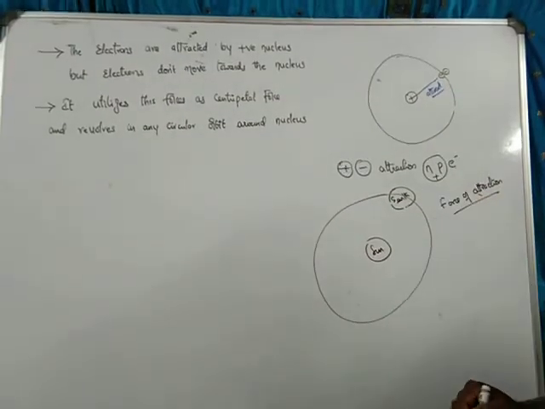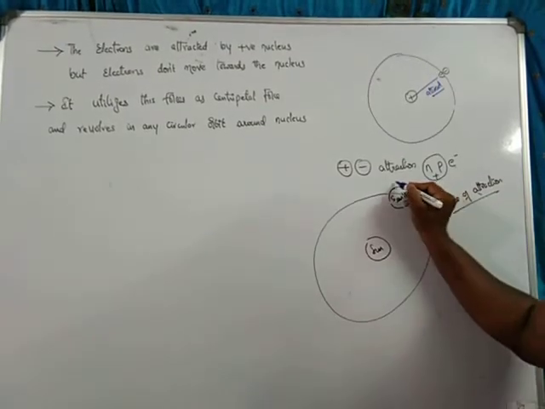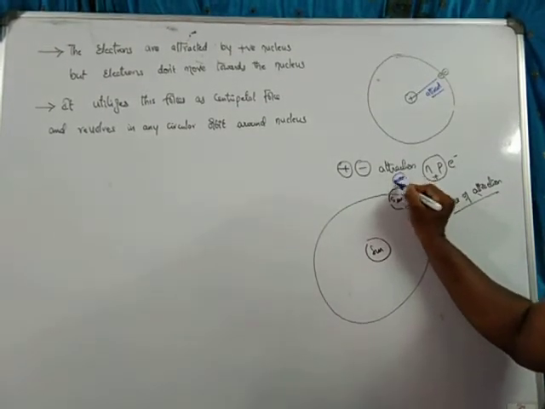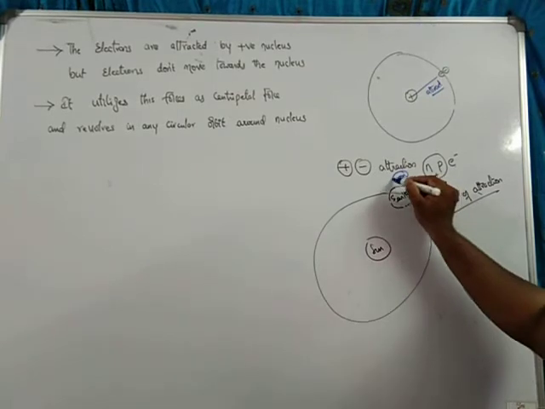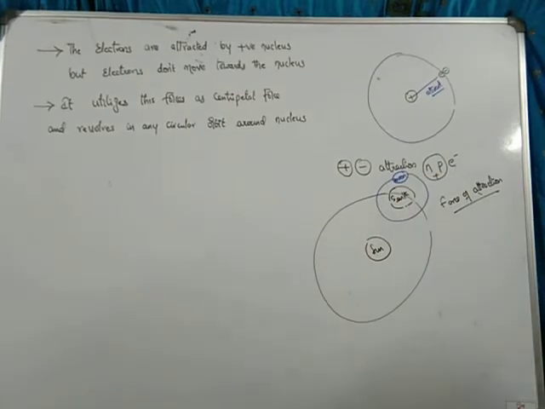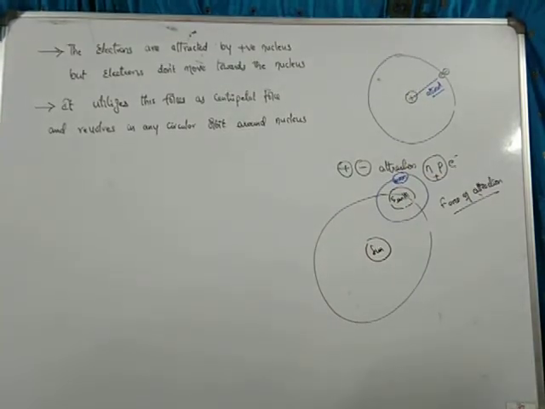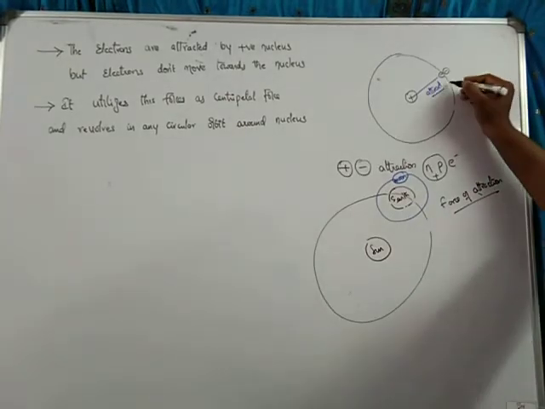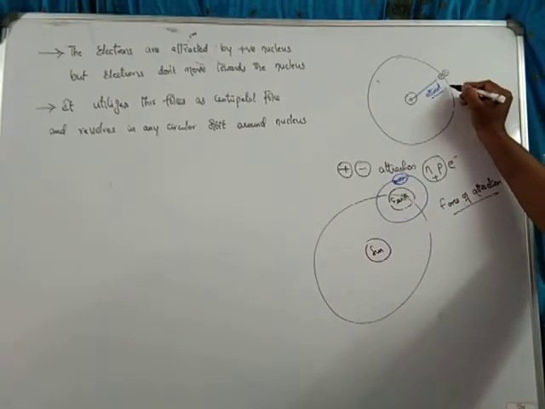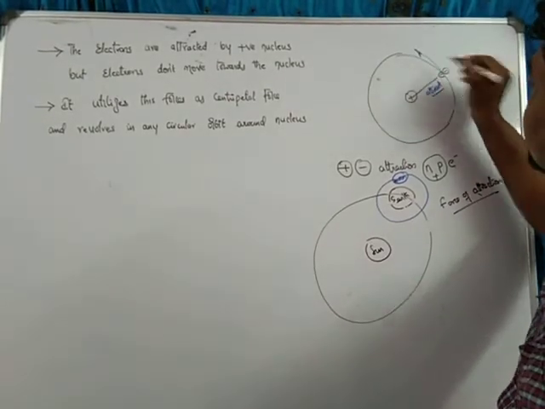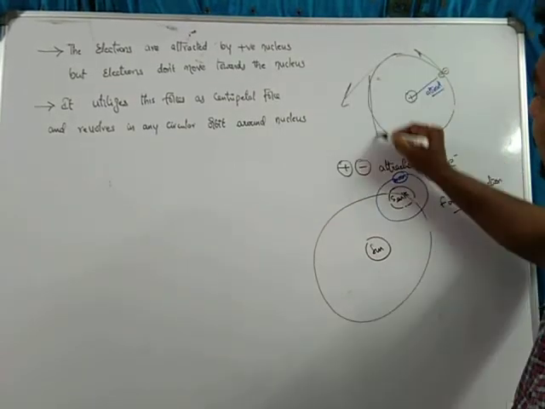Similarly, around the Earth we have the moon moving in a circular orbit, but the moon is also not attracted towards the Earth, because whenever the electron moves around the nucleus, it has some velocity.